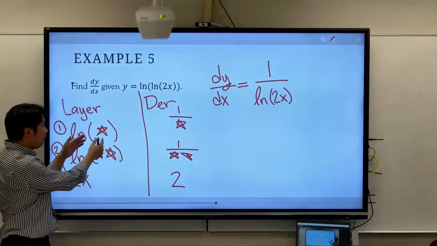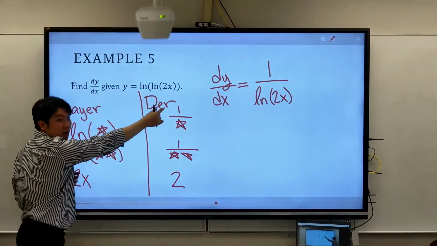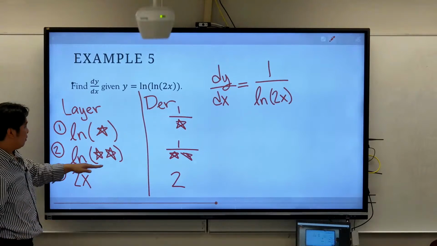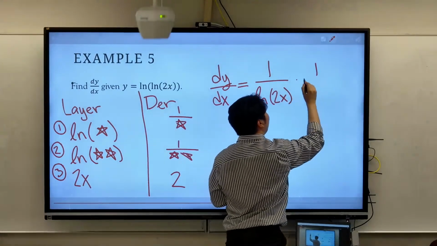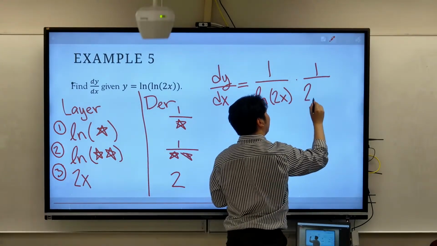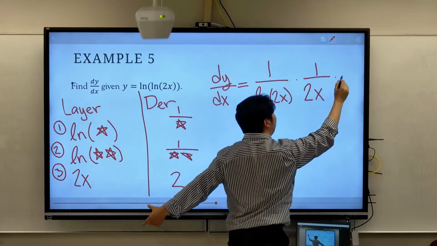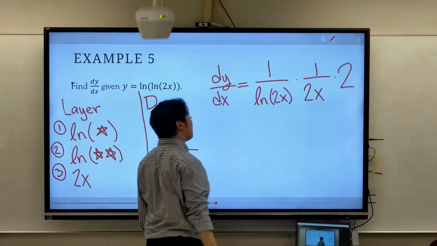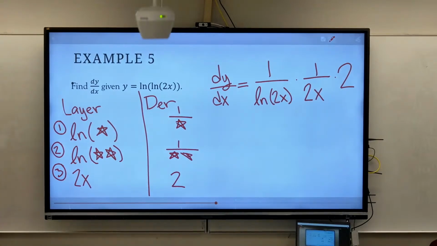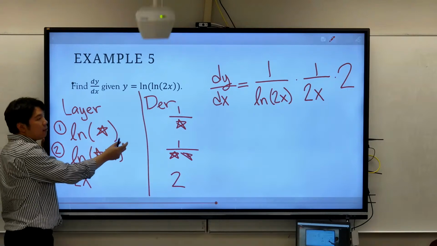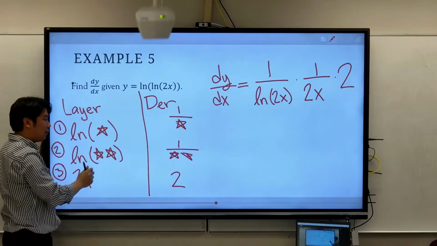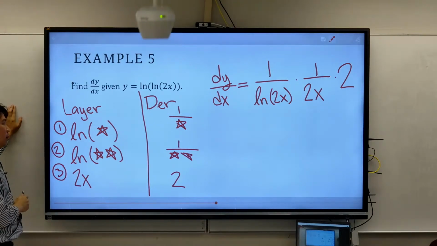Because again, this outer layer had all of this in there, so I'm still putting it in. This is my second layer, so I have 1 over, what's going to go in the second part? Yeah, 2x times the last layer, 2. And then I have my unsimplified answer. Again, I'm using here whatever was missing from this outer layer. That's still going into here.